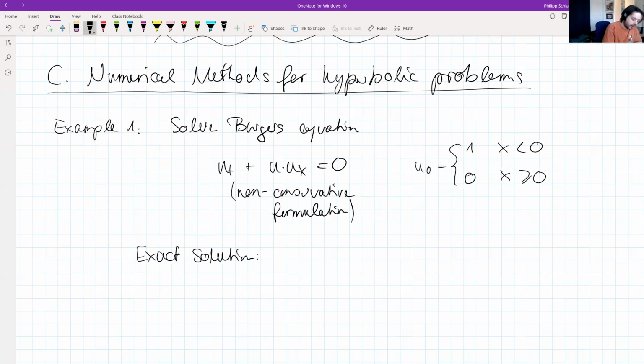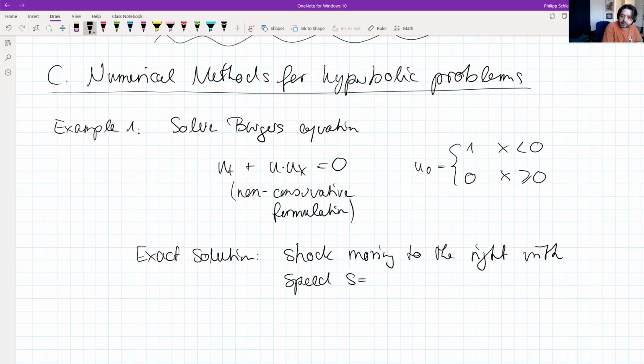The exact solution is a shock, this discontinuity moving to the right with a speed s, which is the average between ul and ur. So in this case it would be 1/2. This comes from the Rankine-Hugoniot condition.